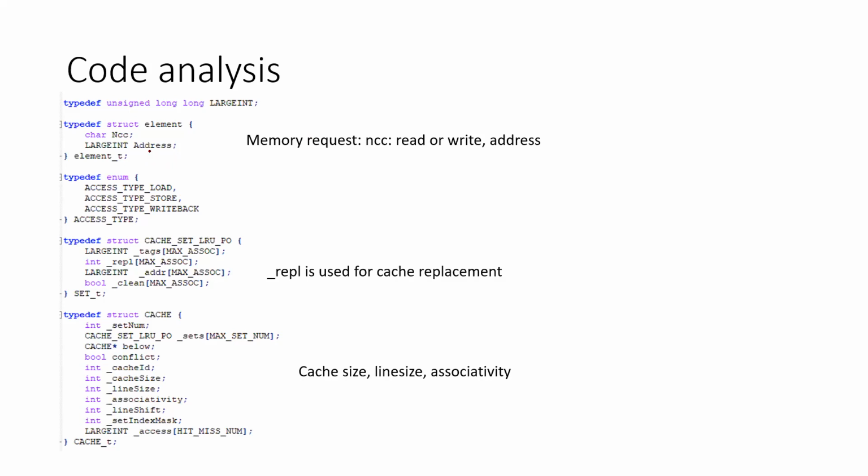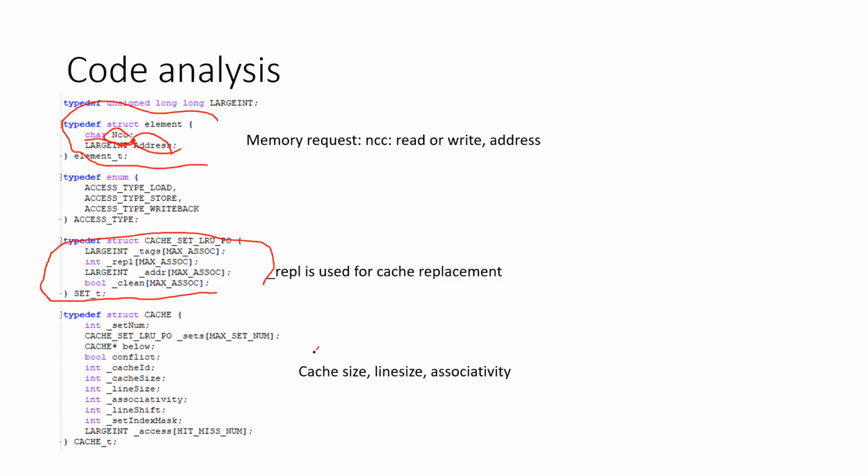So basically, we have some request data structure, which is so-called elements. In these elements, we have a variable indicating whether this is a read or write, and then the address indicates the address of this read or write. And then we have some cache set data structure.